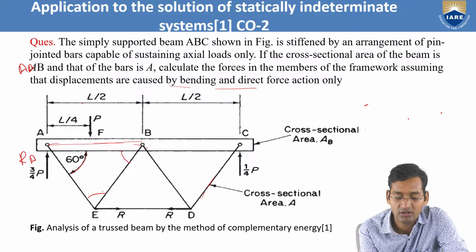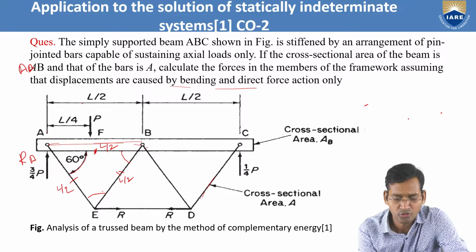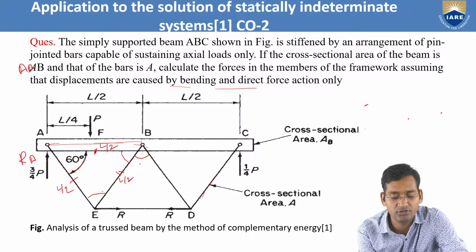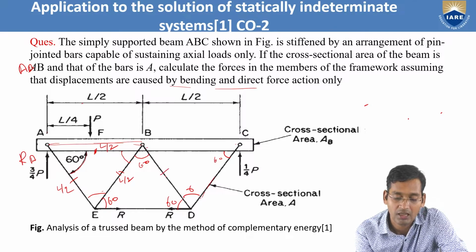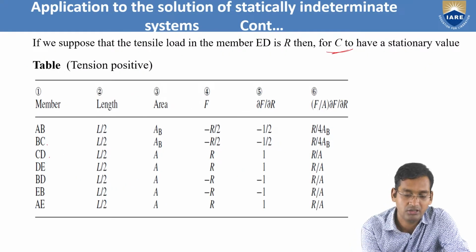Equilateral means whatever length is here, the same will be here also. So this length is L by 2. Therefore L by 2, L by 2, equilateral triangle, everything 60 degrees. All will have the same length, L by 2. So in the table, the first column, L by 2, is ready.